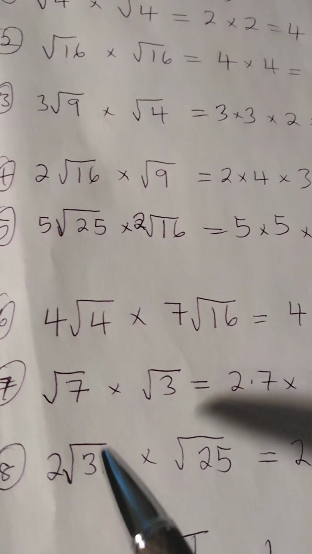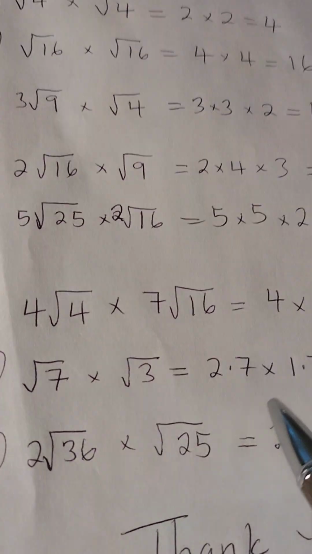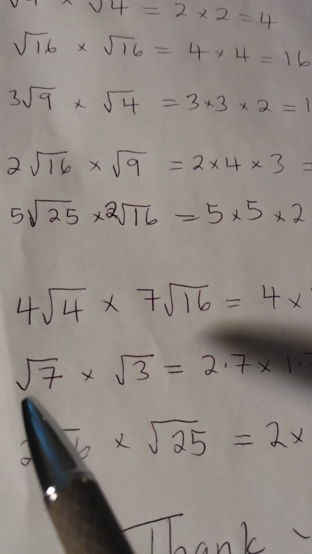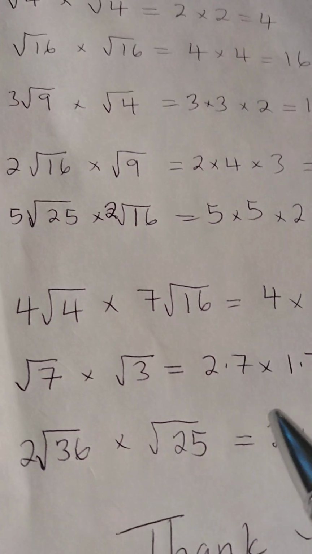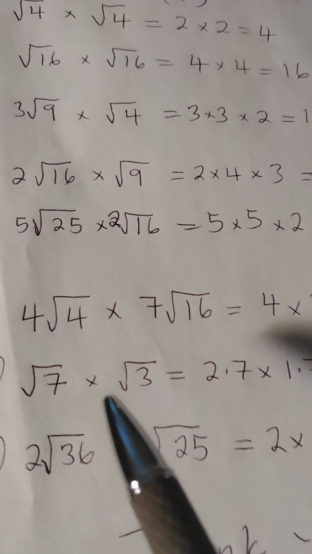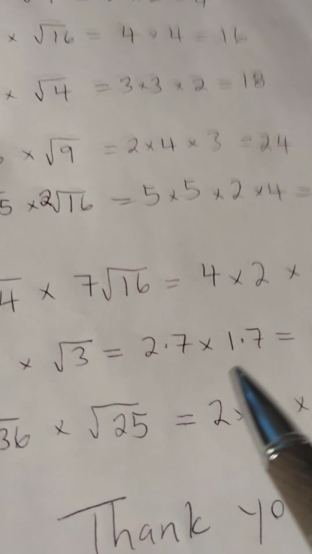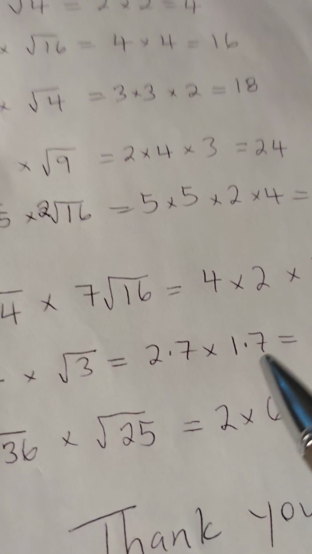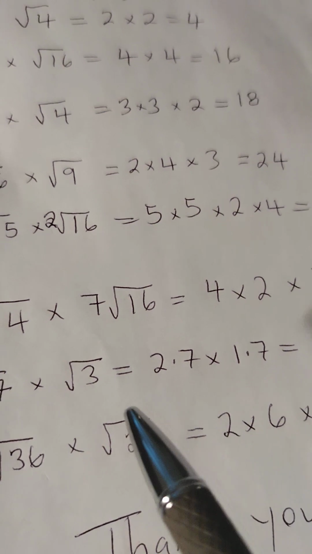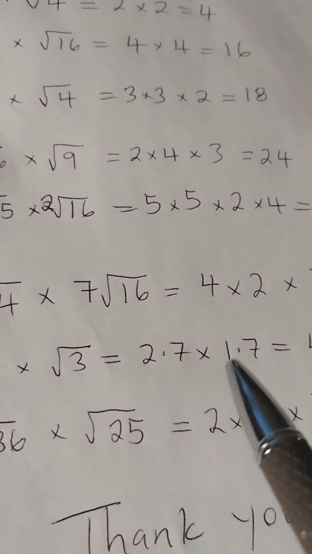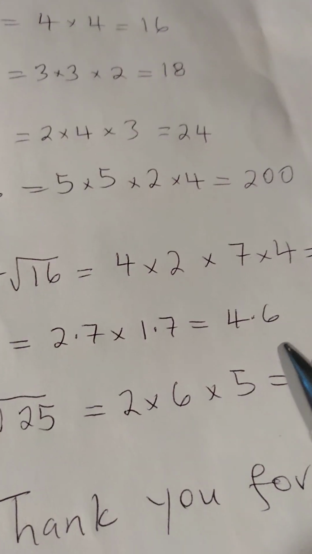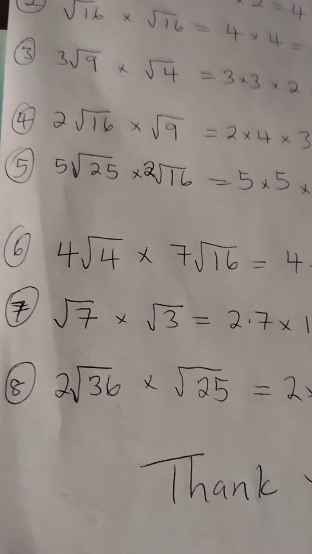Using your calculator, the square root of 7 is 2.7, times the square root of 3, which with your calculator is 1.7. So when you multiply 2.7 times 1.7, you are going to get 4.6 as your answer.